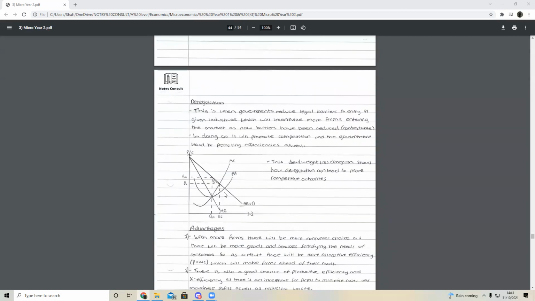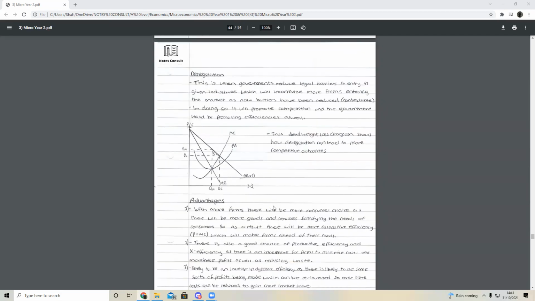Any supernormal profits that the firm might make, they might use to invest in long run cost efficiencies that will help them gain more market share. But after the deregulation happens, they're basically at allocative efficiency.